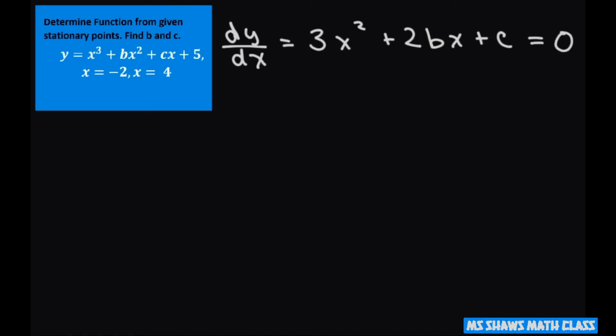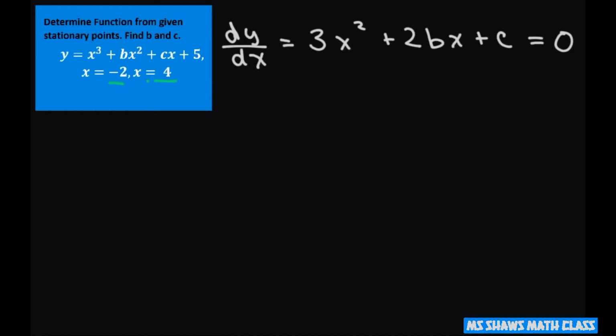So we're going to do the same procedure and take our derivative of y with respect to x. And that's going to give me 3x squared plus 2bx plus c. Now, to get the stationary points, you would set this to 0 and factor. But they already gave us the stationary points.